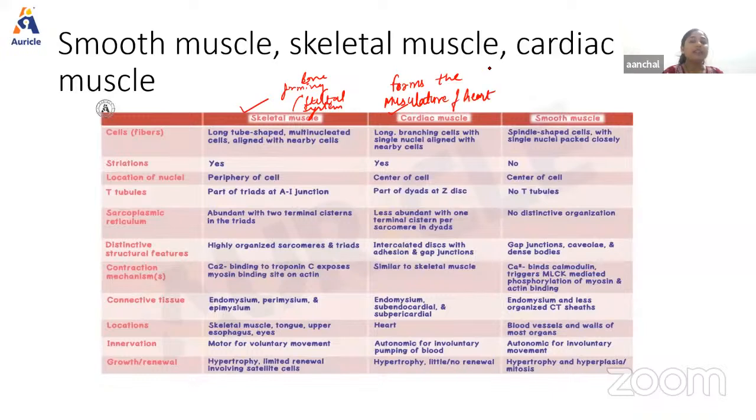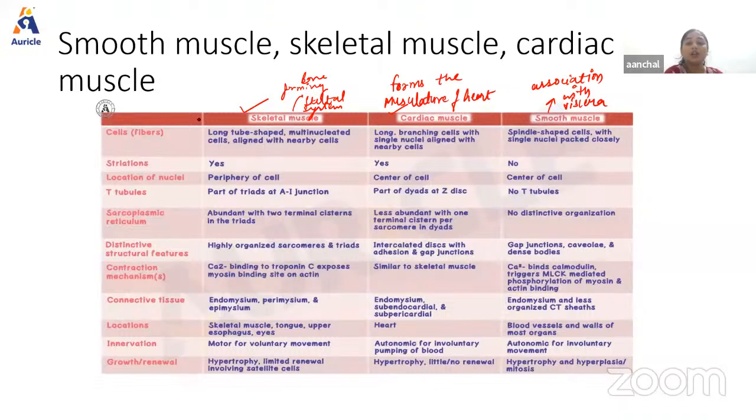Then next we have the smooth muscles. Smooth muscles are always situated in association with the viscera. Viscera means they are situated in association with organs. It is known as visceral muscle because it is different from skeletal and cardiac muscles due to the absence of cross striation.